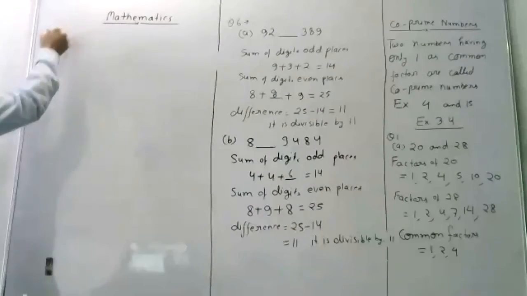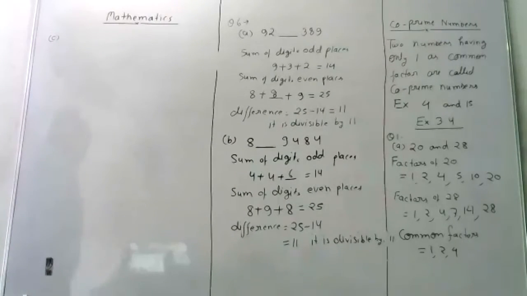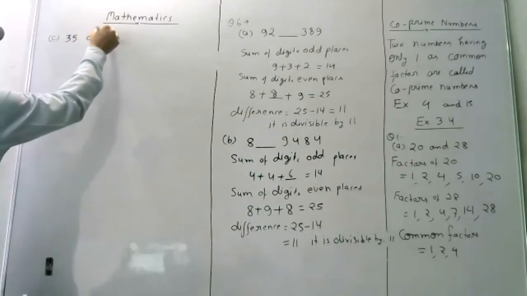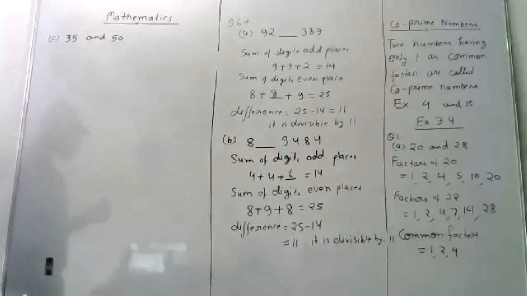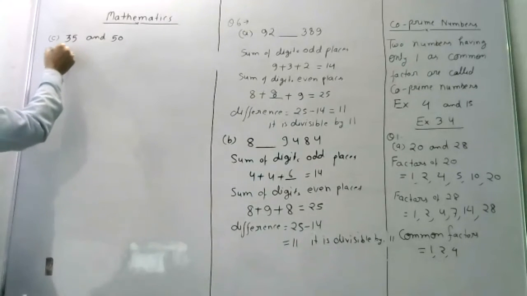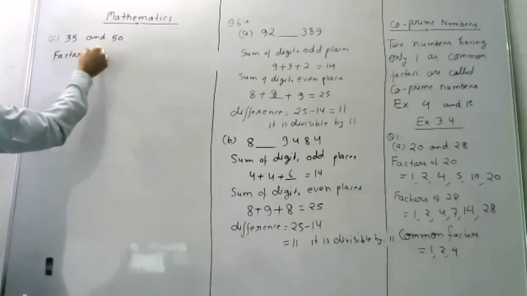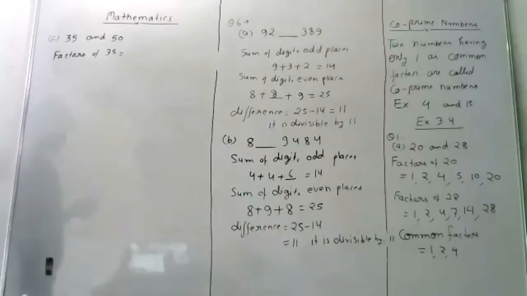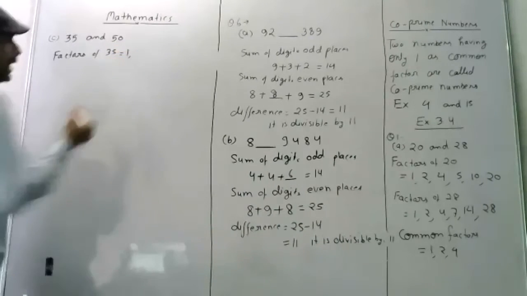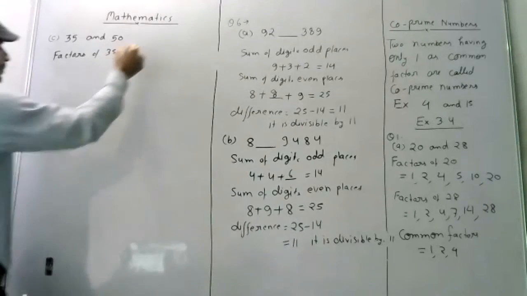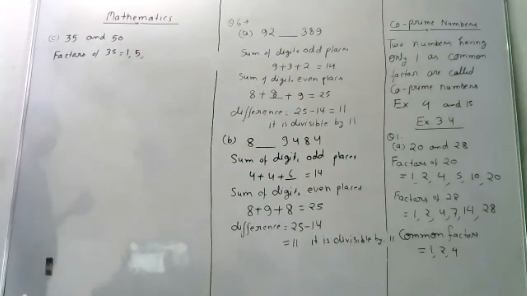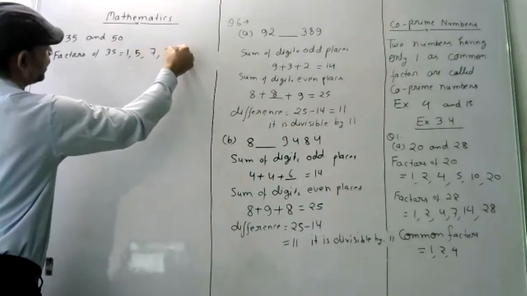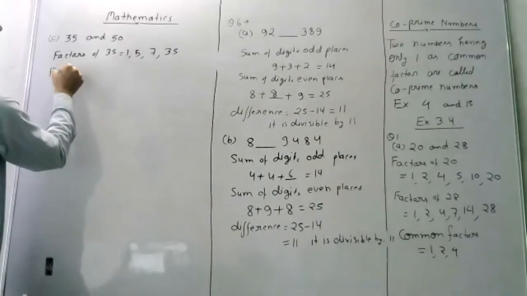Here, 35 and 50. Factors of 35 are 1, 5, 7, and 35.